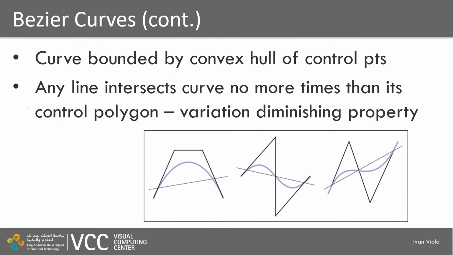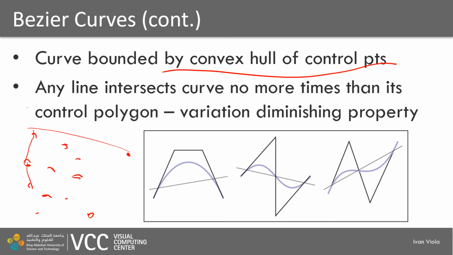Bezier curves have also the following interesting and useful properties. First property is that they are bounded by the convex hull of the control points. Do you know what is a convex hull? If we have some set of points, their convex hull will be a connection of the most outer points so that they form a convex polygon.